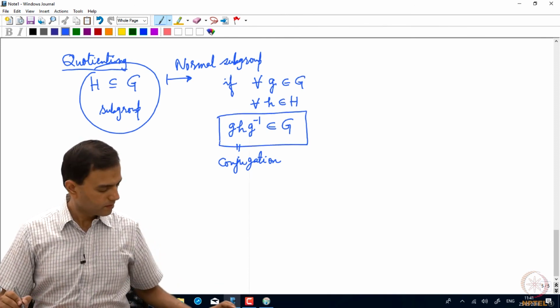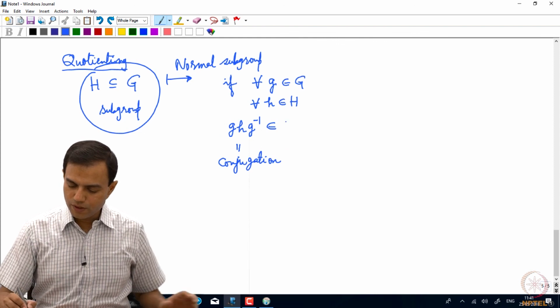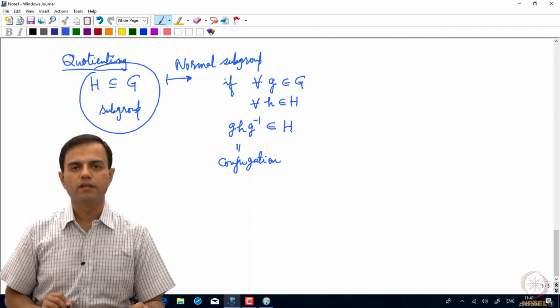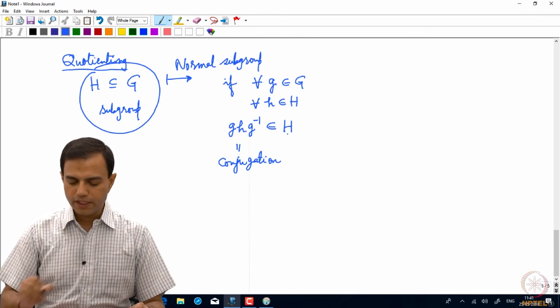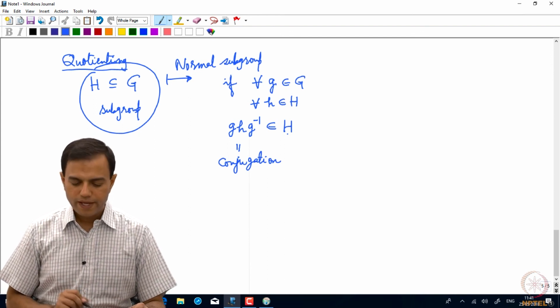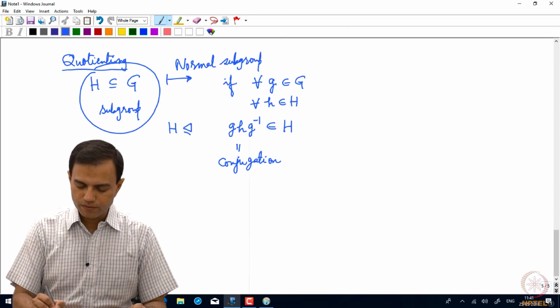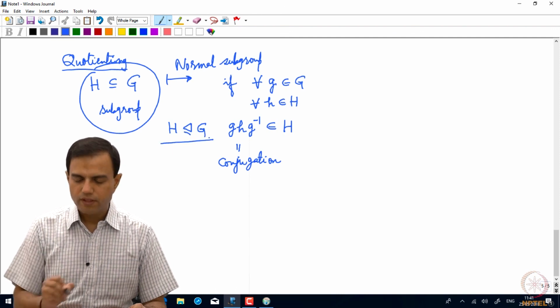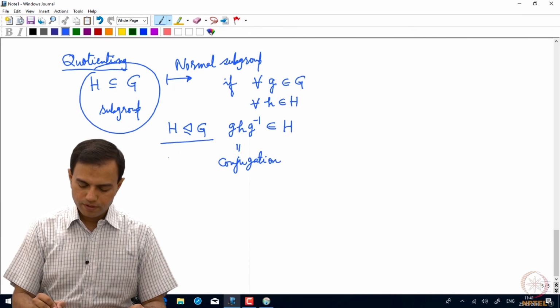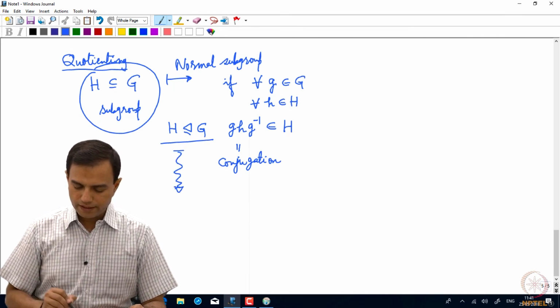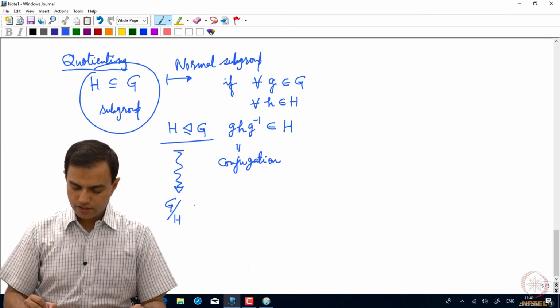Sorry, that should belong to H. So if H has this property, then we call it normal subgroup, and the notation is H is normal subgroup of G. And whenever you have normal subgroup, to this you associate another group which is G mod H. This is notation.